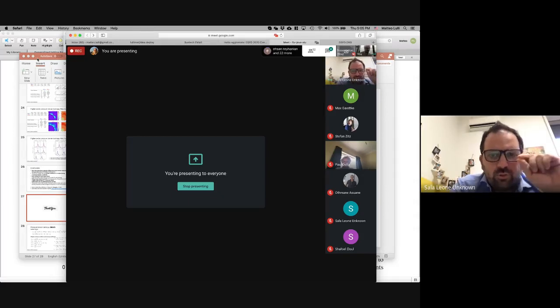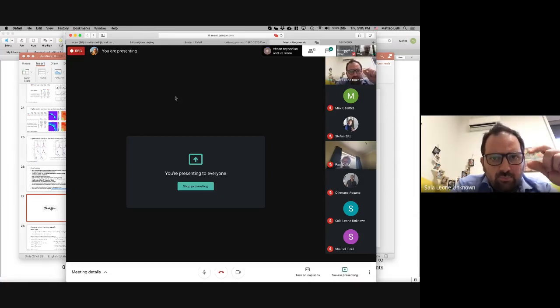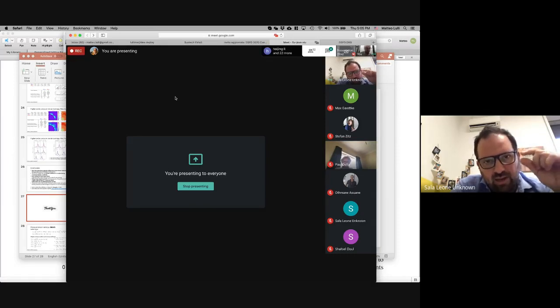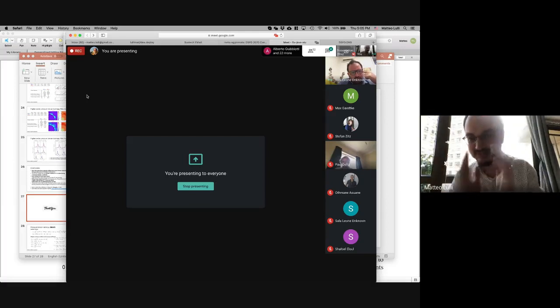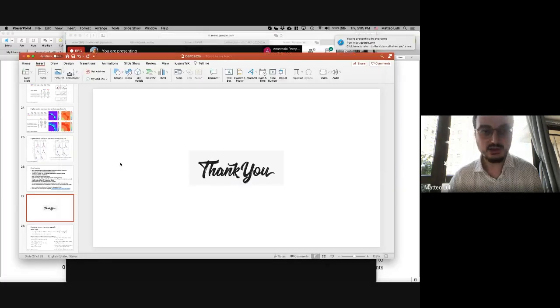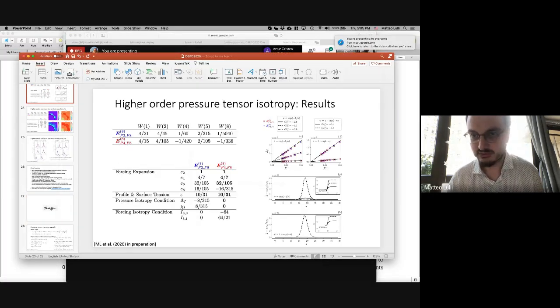And another short question. Have you noticed some differences in the interface thickness by modifying the forcing approach, by adding higher order terms in the forcing approach? As for the flat interface, this kind of test we have done, which is very stringent, as I showed from the flat interface profiles, there's basically no difference.